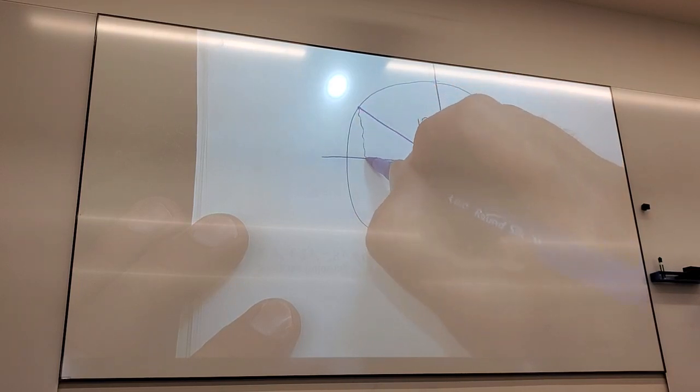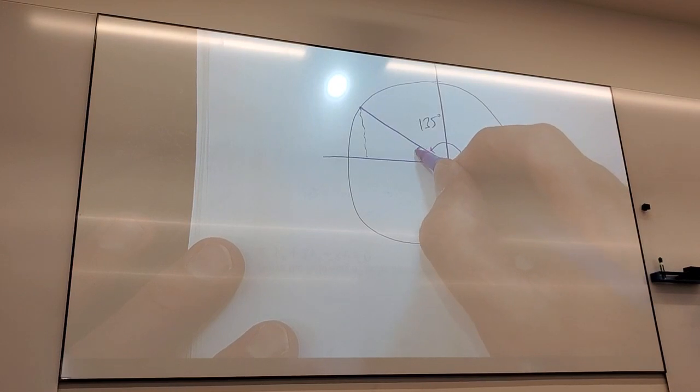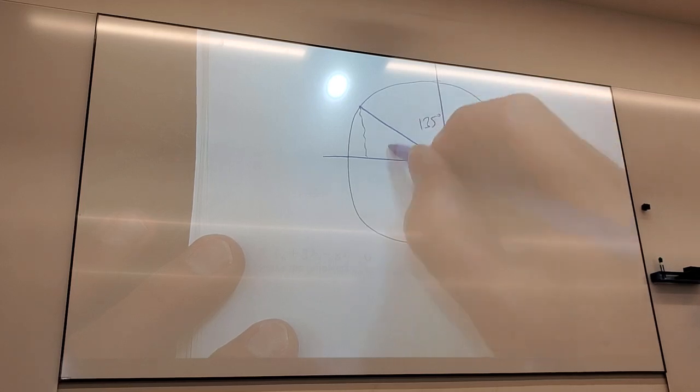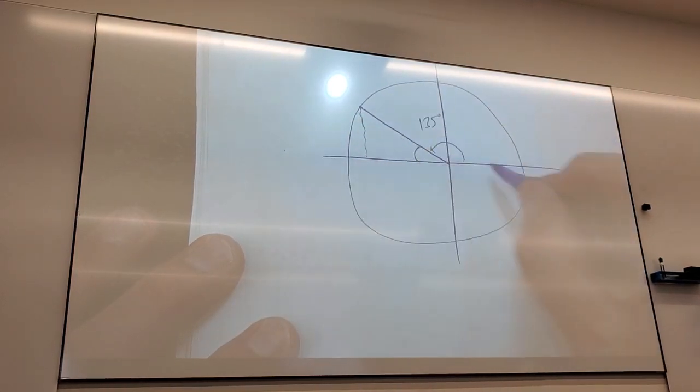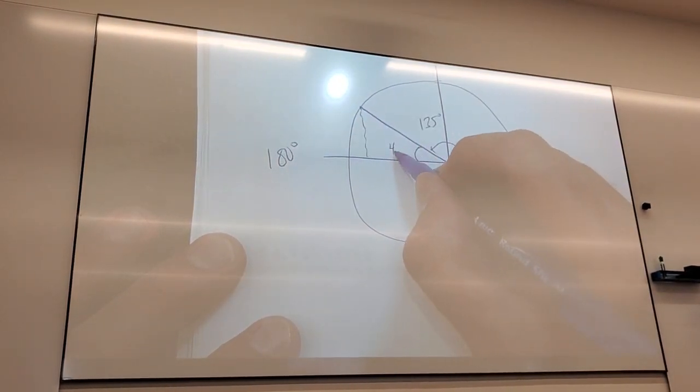So does everybody agree I would make this triangle back here? Can somebody help me out? What is this angle right there? All the way across would be how many degrees? All the way would be 180. So it ends up being 45. 45 degrees. Does everybody see that?